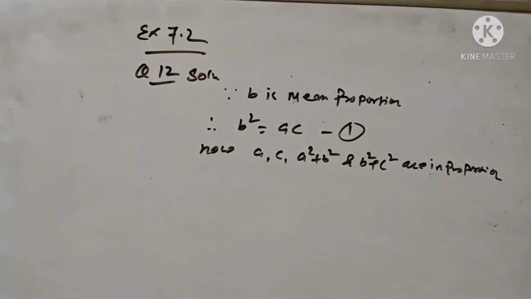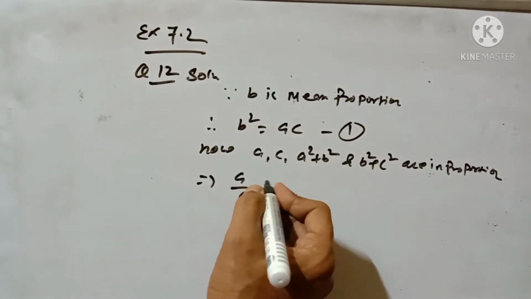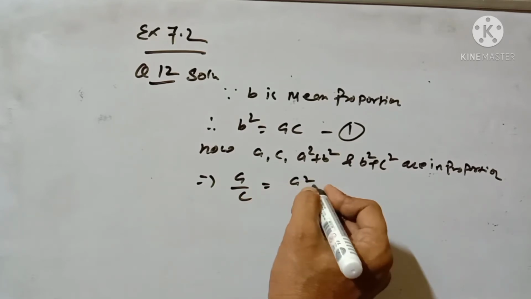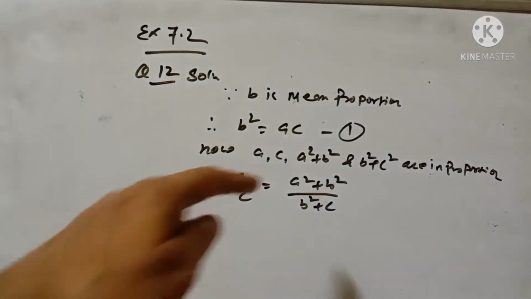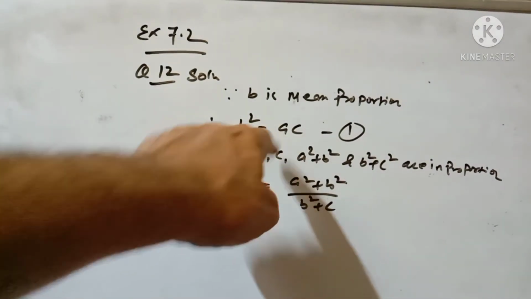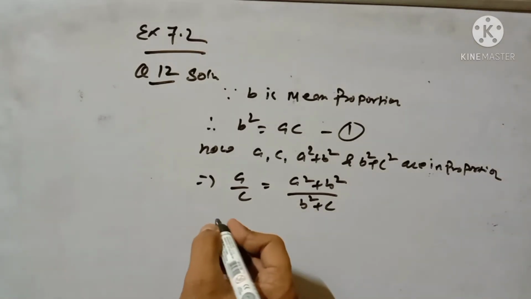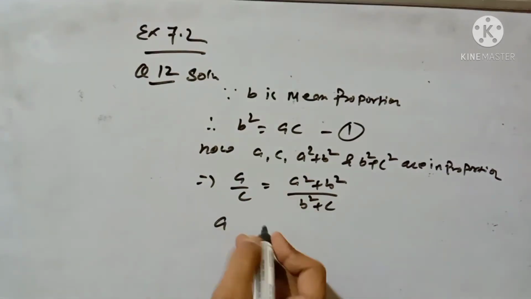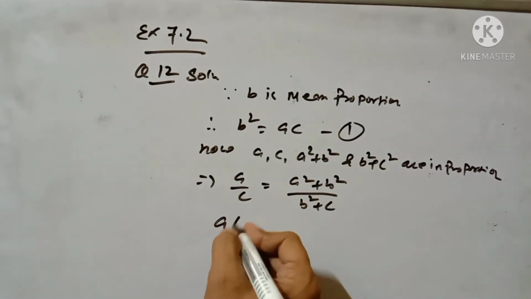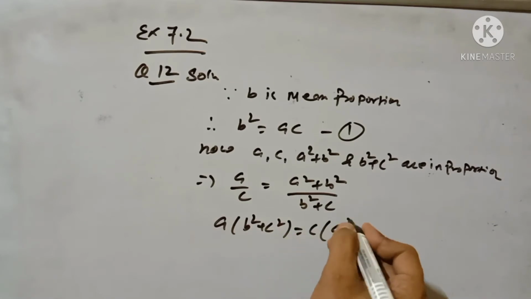Therefore, as we know, if they are in continuous proportion, we can write down what? a by c is equal to a square plus b square by b square plus c square. So b square, from equation 1 I can write what? First of all you do the cross multiply. a into b square plus c square is equal to c into a square plus b square.